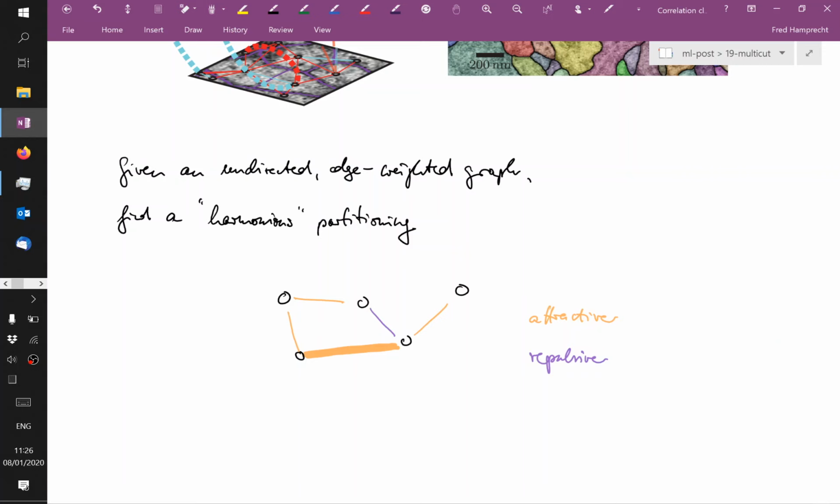And this is essentially the correlation clustering problem: to take such an undirected, edge-weighted graph and then find the least frustrating partitioning.